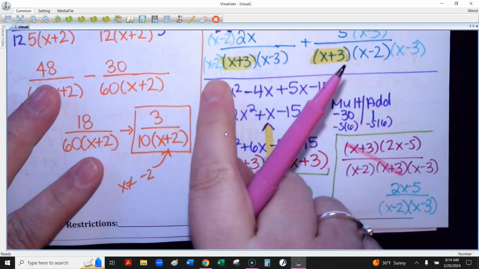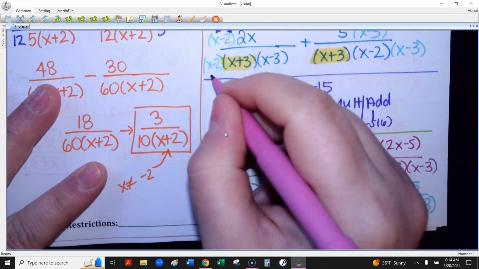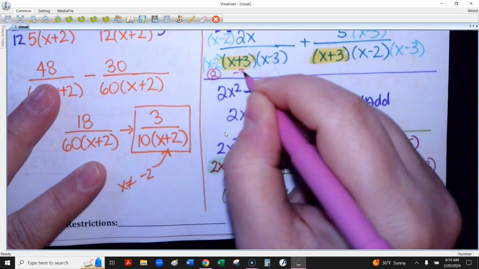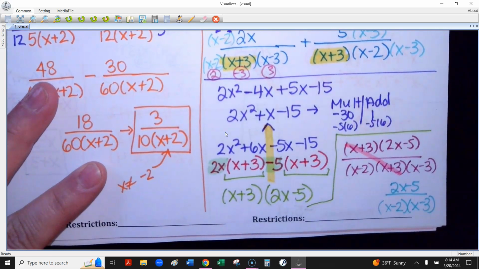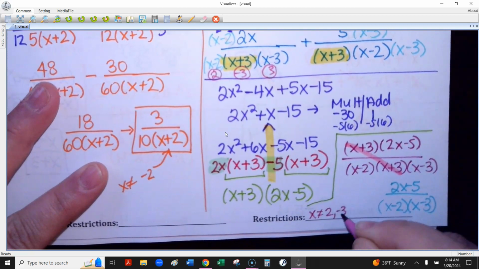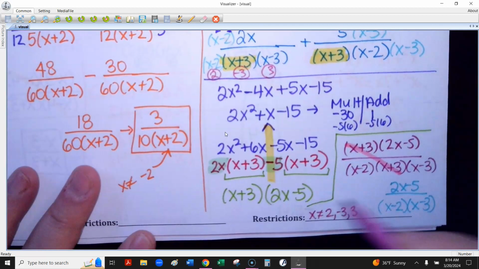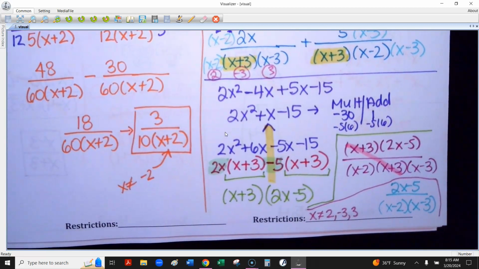When we had our common denominator, positive 2 is a problem here, negative 3 is a problem here, and positive 3 is a problem here. So we'd have 3 restrictions. X can't be 2, negative 3, or 3. And our answer was that 2x minus 5 over x minus 2, x minus 3.